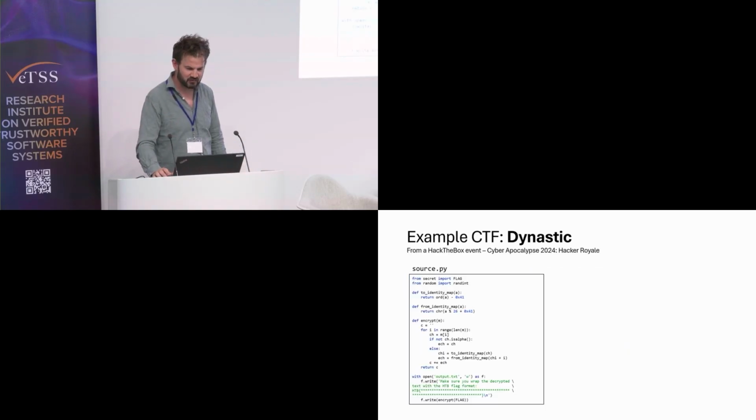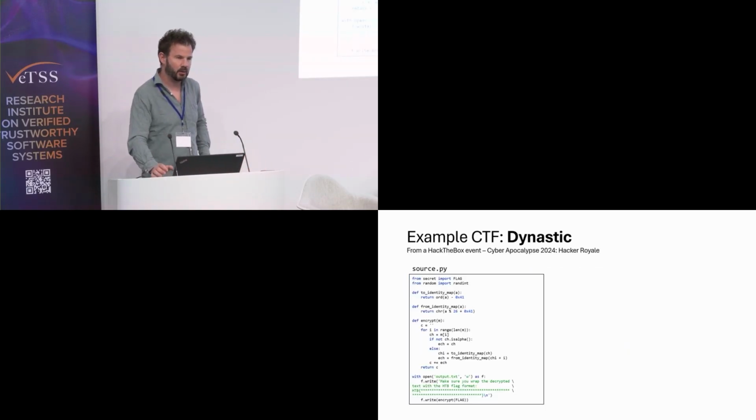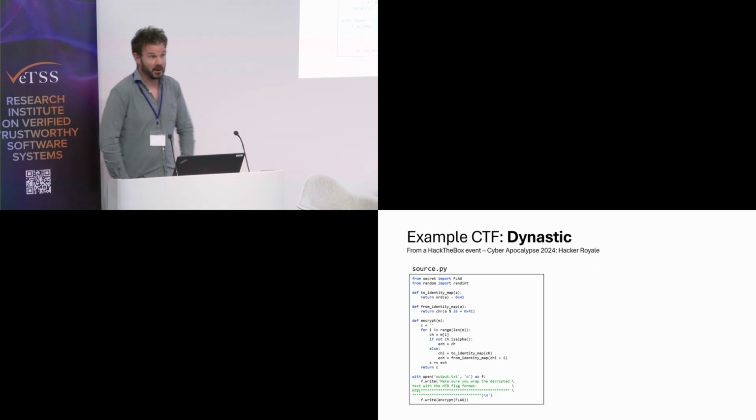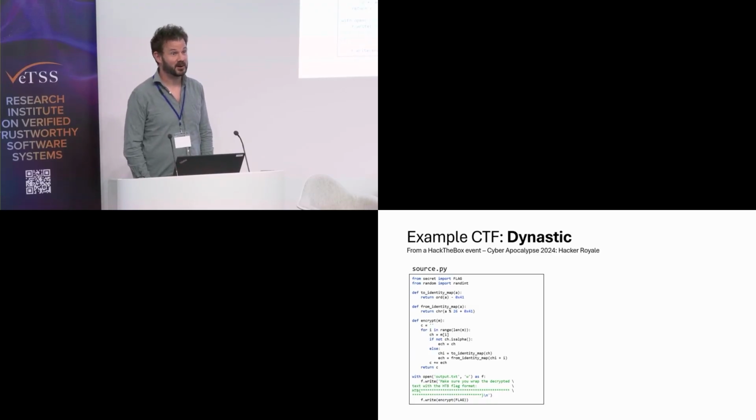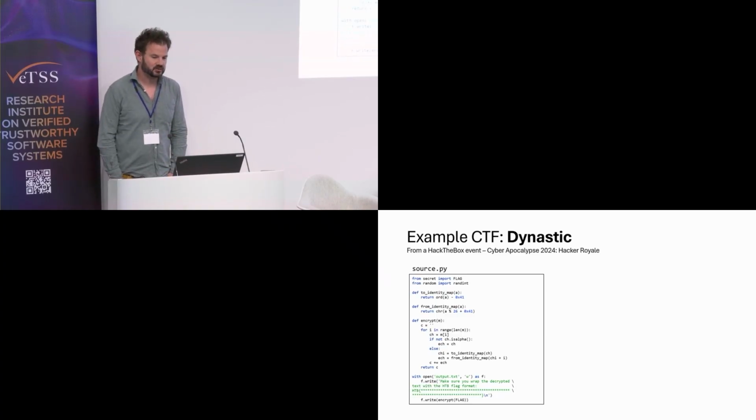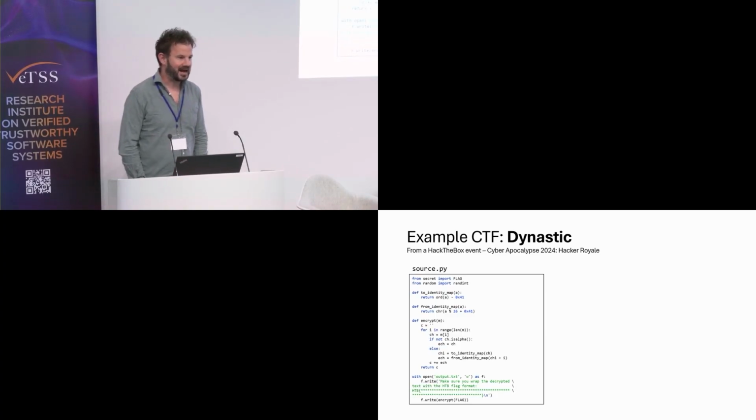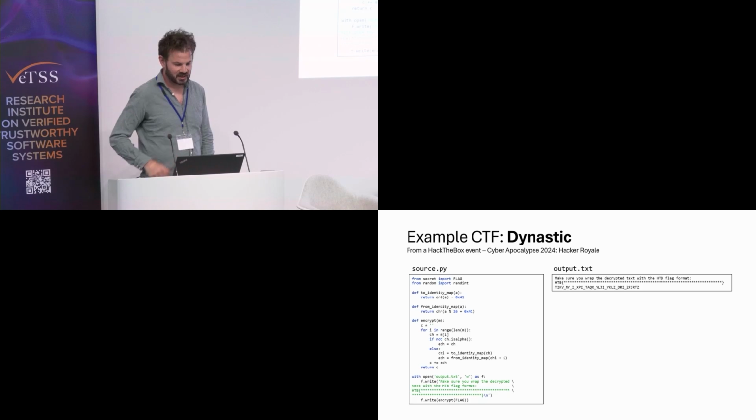So I thought I'd just finish off by going through a worked example using the one challenge we've really been actually experimenting with in this very new project. It's called Dynastic, and it comes from a Hack the Box event from 2024 called Cyber Apocalypse Hacker Royale. And the challenge here is you're given a Python script called source.py that has been used to produce a cipher that is in output.txt.